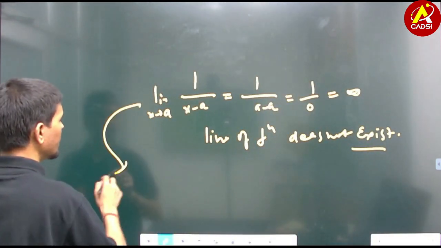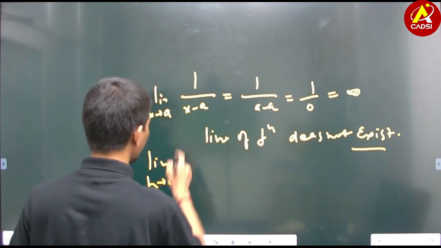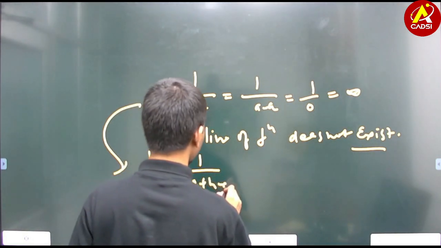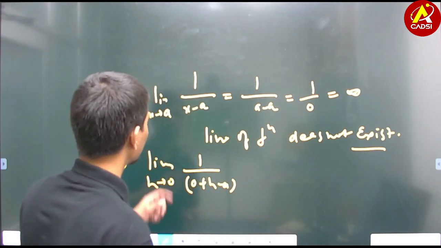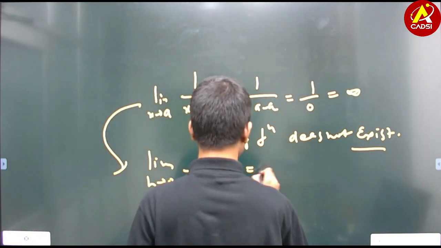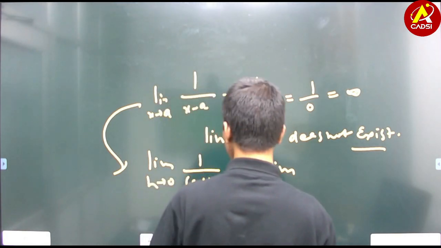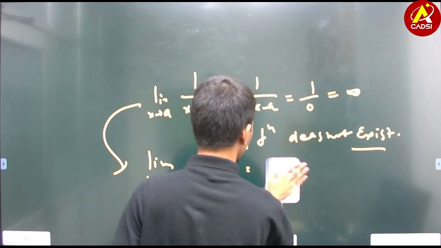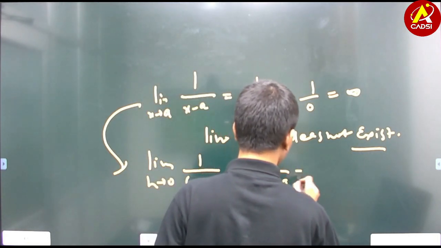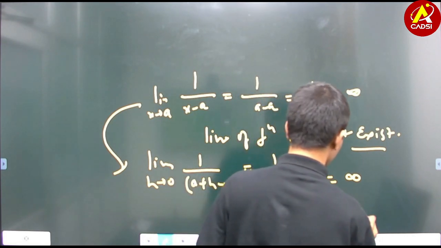And we can check the left hand limit and also the right hand limit. Here, 1 upon (a plus h minus a), limit h tending to 0, gives 1 upon 0, which again does not exist.